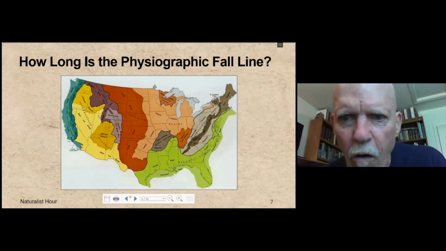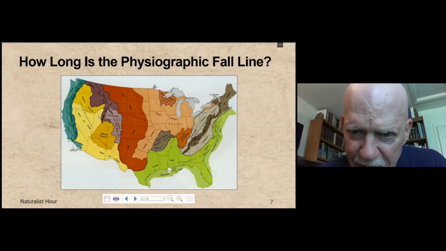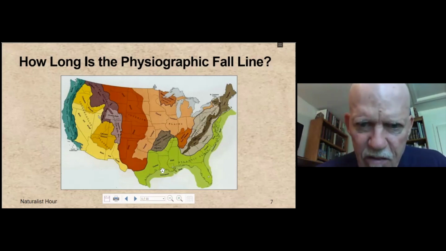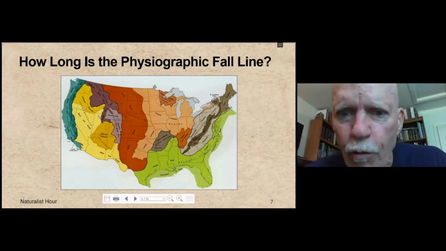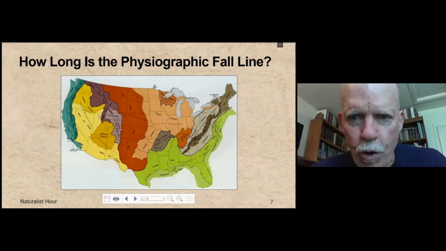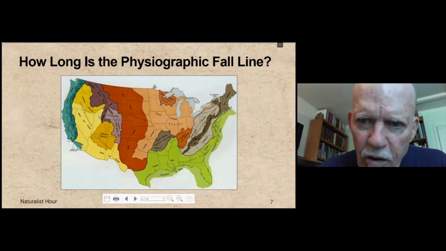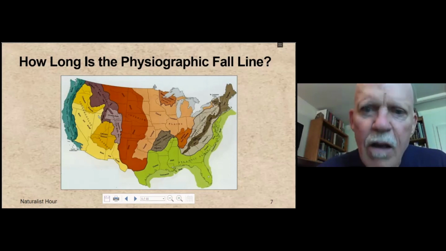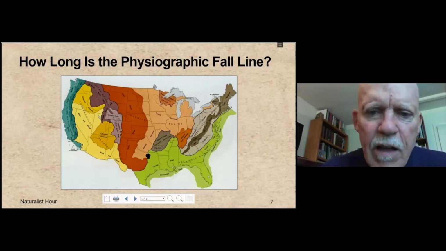And again, all of that green area that's marked as the Atlantic plain on this particular map was at least at some point of its existence under the sea, under the ocean. So our fall line here is just a short section near its northern end of a much longer feature that, as I said, goes all the way down into Mexico.